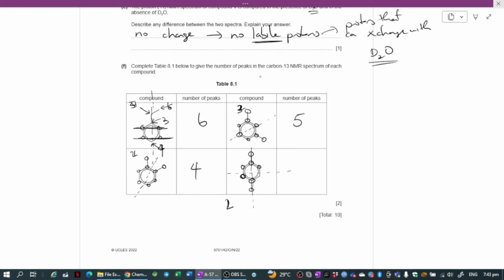This carbon is equivalent to this carbon, but also equivalent to this carbon. And what we actually find is that all 4 of these carbons are chemically equivalent to each other. So all 4 of these carbons give a 3rd peak. So we get 3 peaks in total. So with these structures, it's really a good idea to practice as much as you can, and it really has to do with symmetry. Once you understand the concept of symmetry, you will find no difficulty with the question.